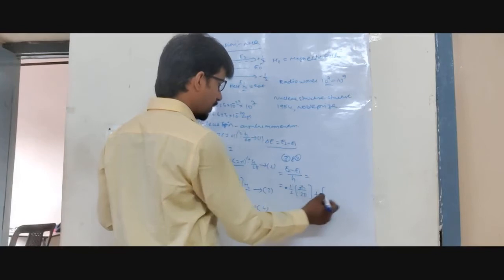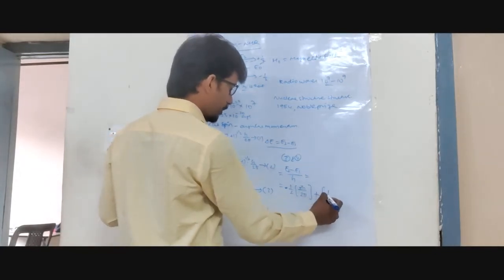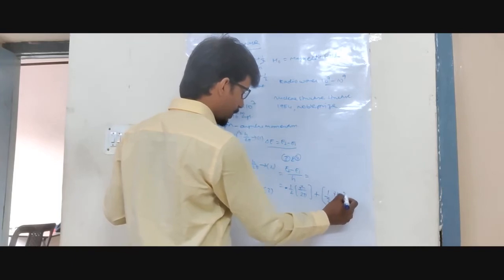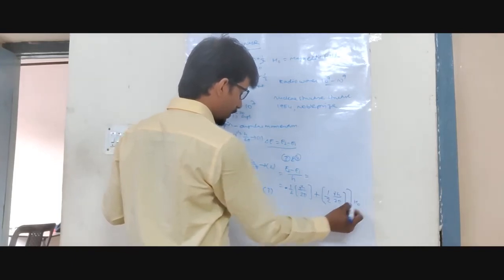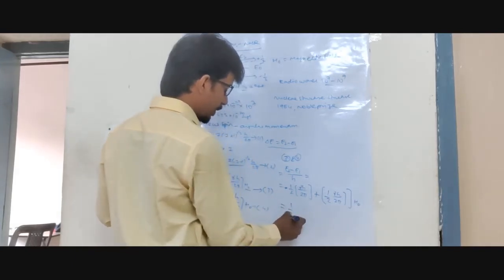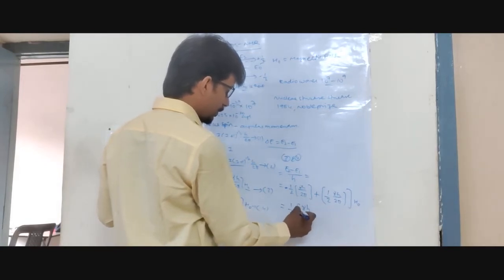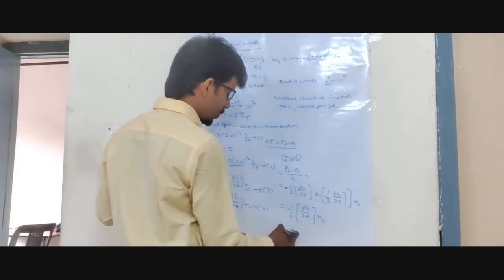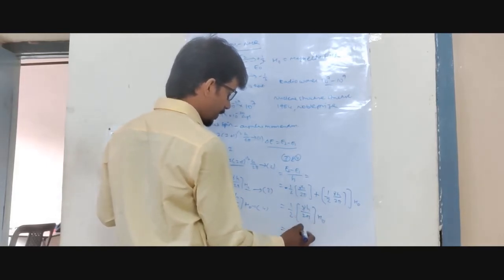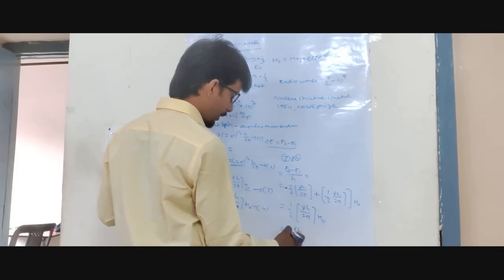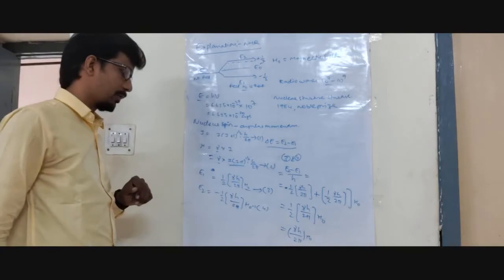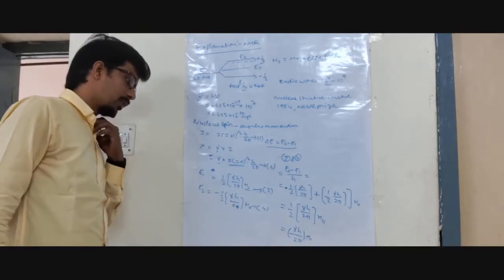So 1 by 2 gamma h, overall we are having H naught. Again I have taken 1 by 2 common, gamma h by 2 pi is the common term, and H naught here. Or we can write this equation in the form of 2 pi. The 2 and 2 cancel, 1 by 2 and 1 by 2 cancel, gamma by 2 pi.